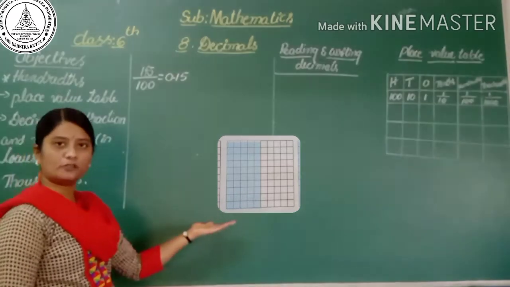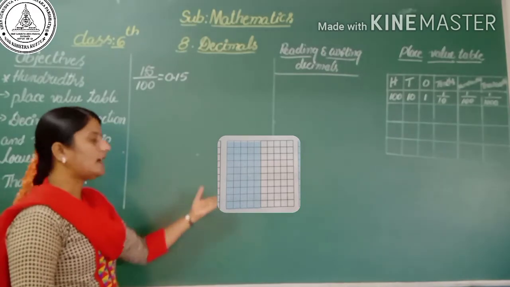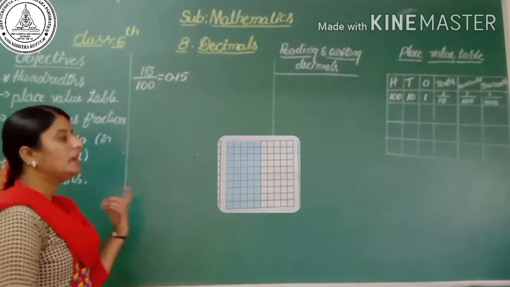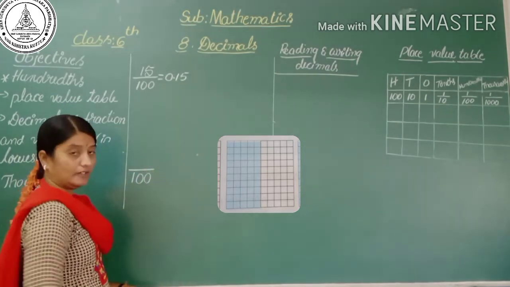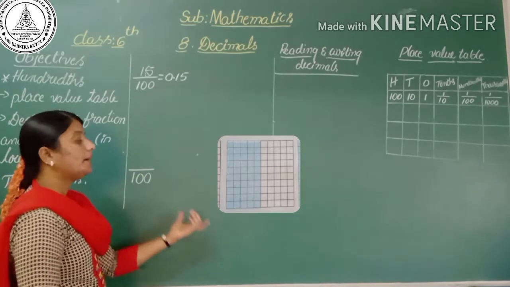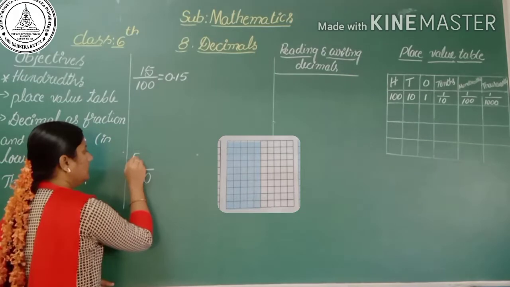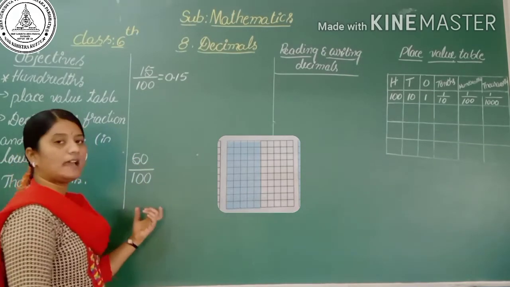In the second box, you can see here, the box is divided into 100 equal parts. In the 100 equal parts, they shaded 50 parts, right? So how can we write it in the fraction form? The total number of squares is 100 and the number of squares shaded here is 50, right? Now how can we write this fraction as a decimal?